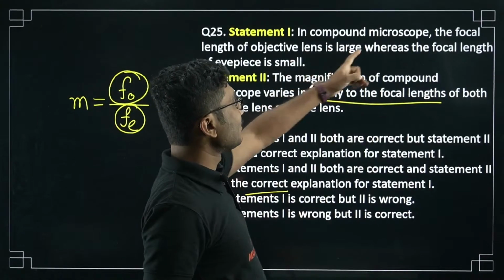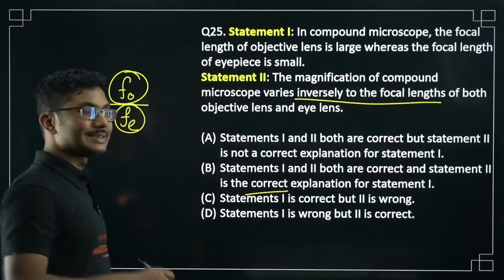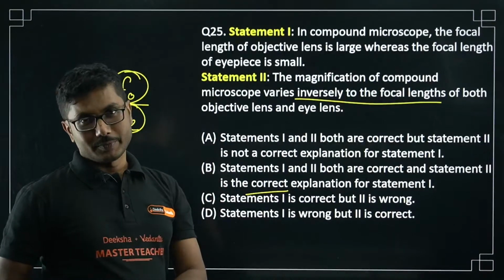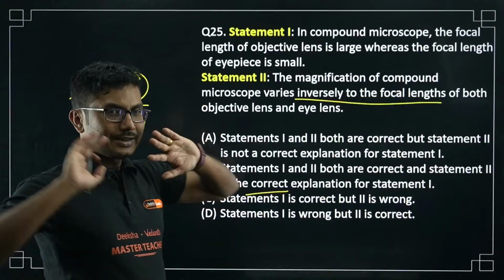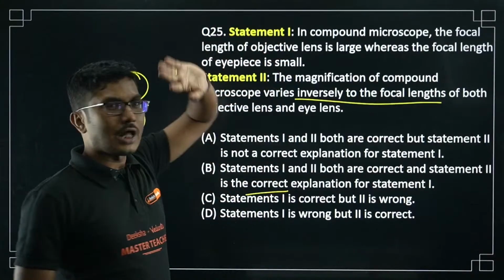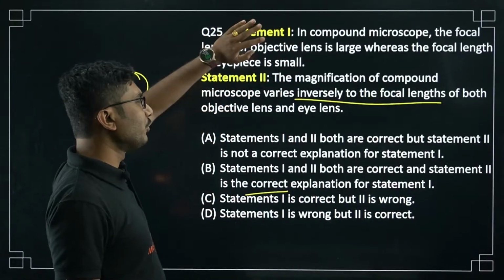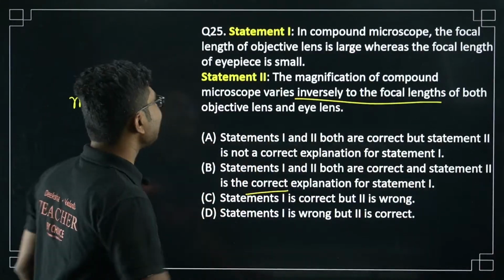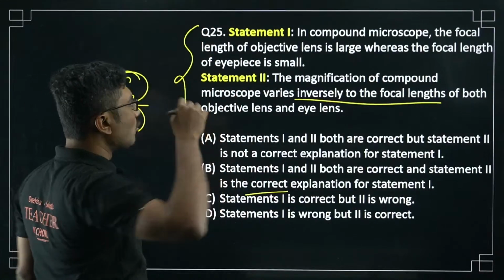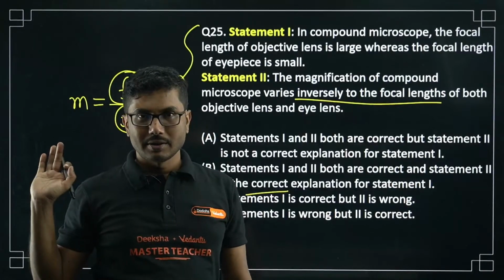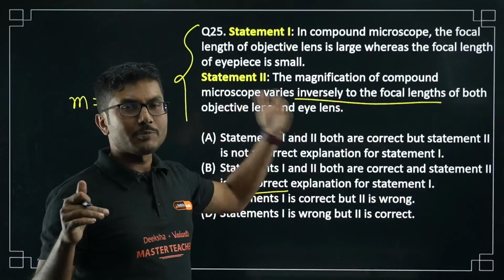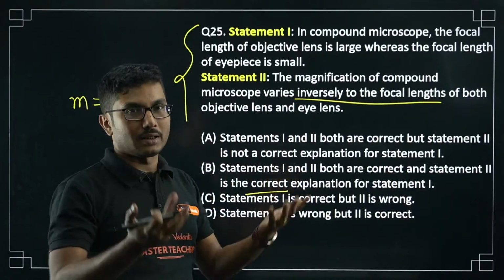So that is why focal length of the objective lens is kept large and focal length of the eyepiece is small. Now just imagine that you don't know the answer. How can you answer this question? You can see that there is a conflict. Both of them cannot be correct. Because if it is inversely proportional, smaller is better, right?